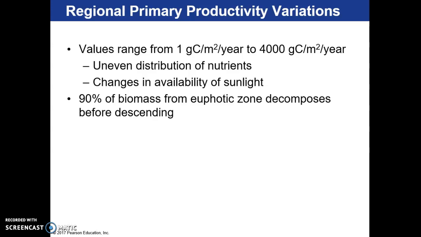So your detritus eaters or your scavengers, those are almost exclusively meat eaters. Also, what that tells you is that outside of the euphotic zone, you're not getting any photosynthetic food really, if 90% of it decomposes before going down into the depths.